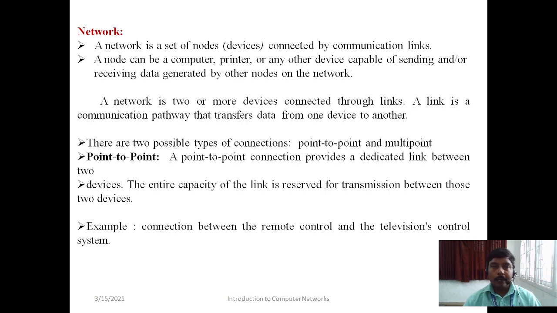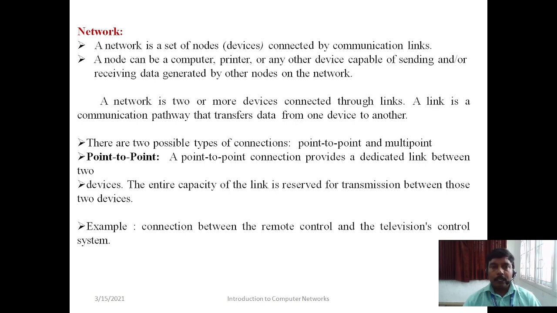As the name itself says, in point-to-point there is a dedicated link between two devices. That is, a point-to-point connection provides a dedicated link between two devices. The entire capacity of the link is reserved for transmission between those two devices. So these are very good techniques.